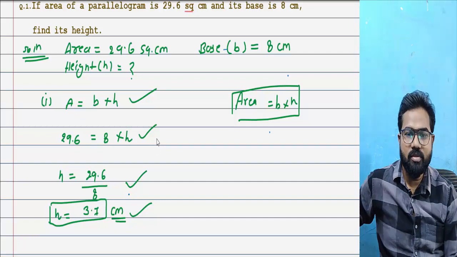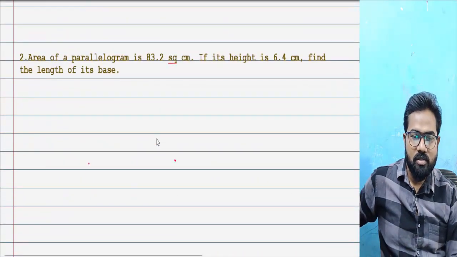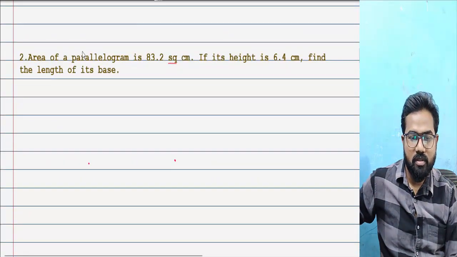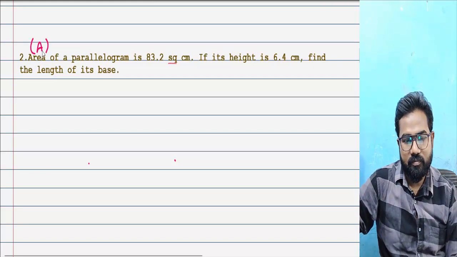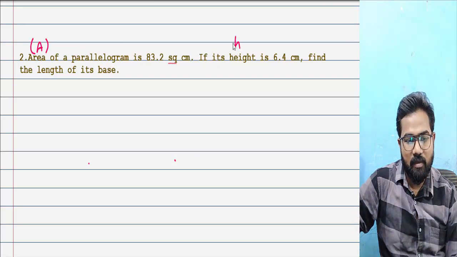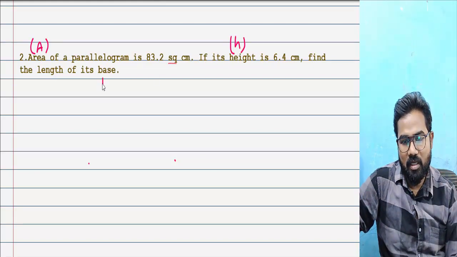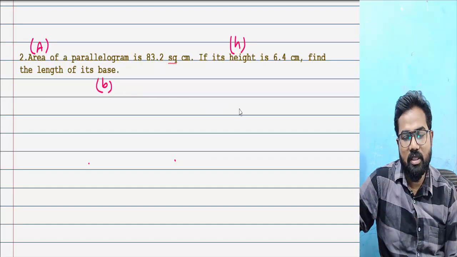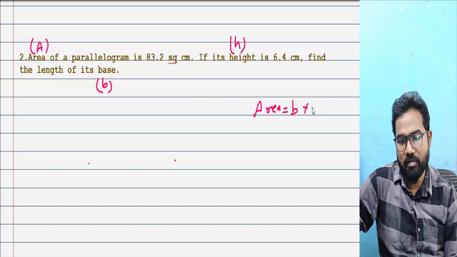So let us solve one more sum based on this. In this class, students, we have 3 unknown values. First we have the area, second the height, and the third one is what? Base. So we have 3 parts, and let us see the relation between them. We know area equals base into height of the parallelogram.